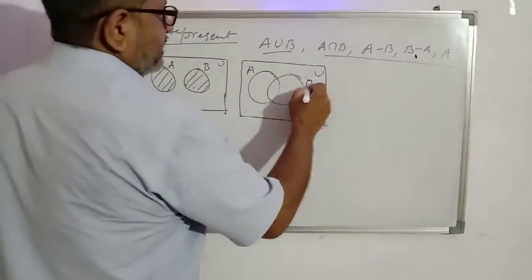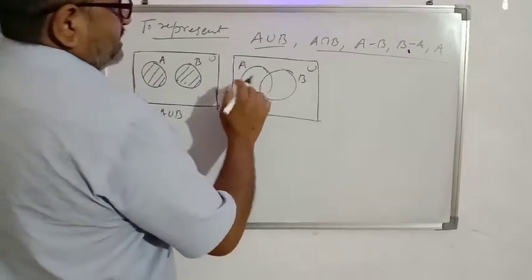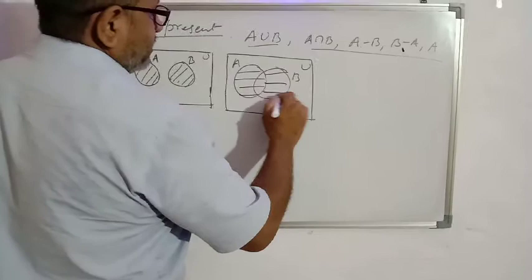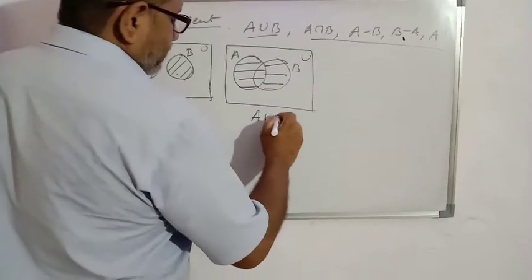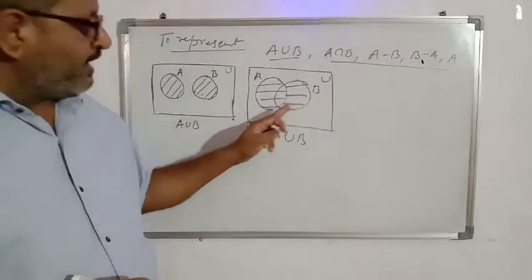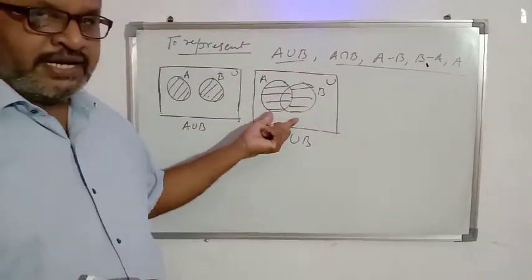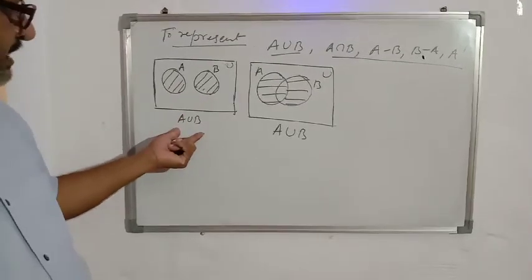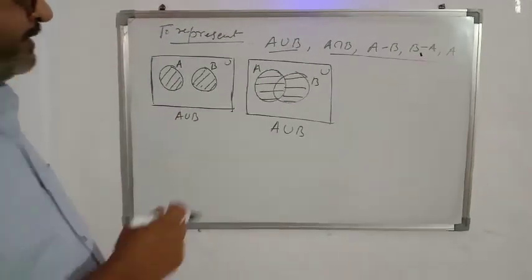This is set A, this is set B. This is the intersection region. Now we will shade both the circles like this. So this is also A union B. In case A and B are overlapping sets, we will represent it like this. If A and B are both disjoint sets, we have to represent it like this for A union B.